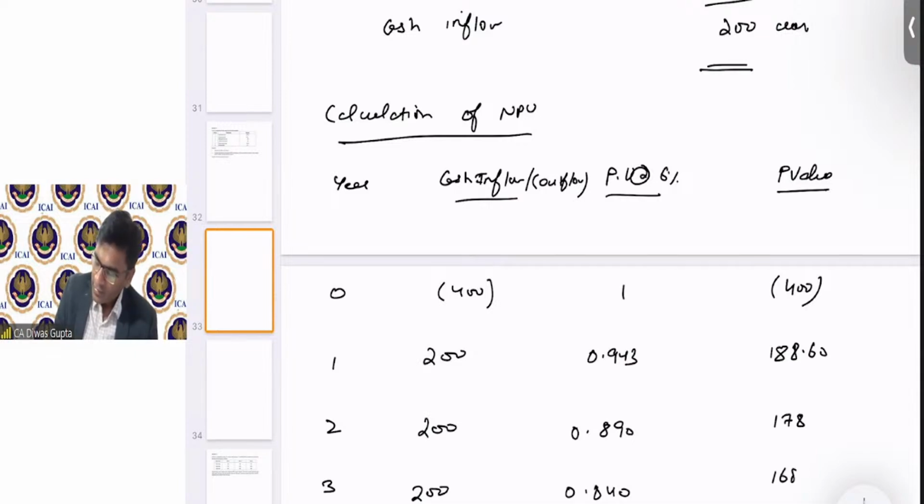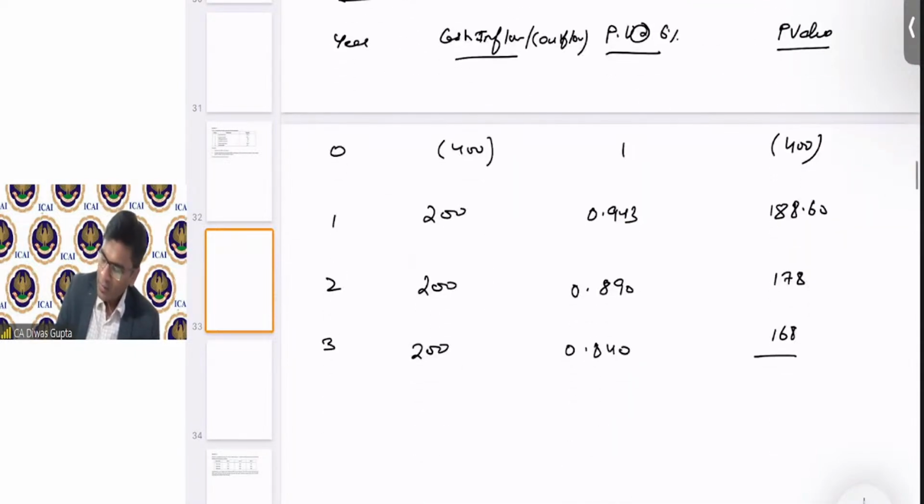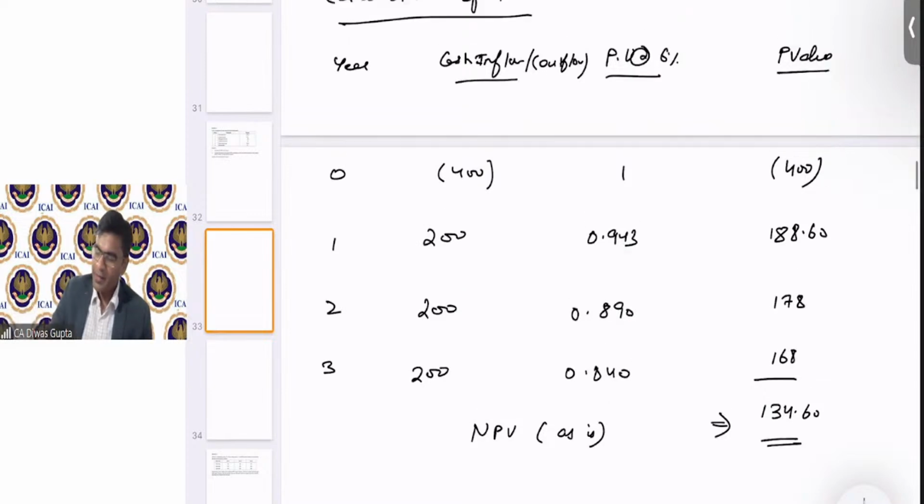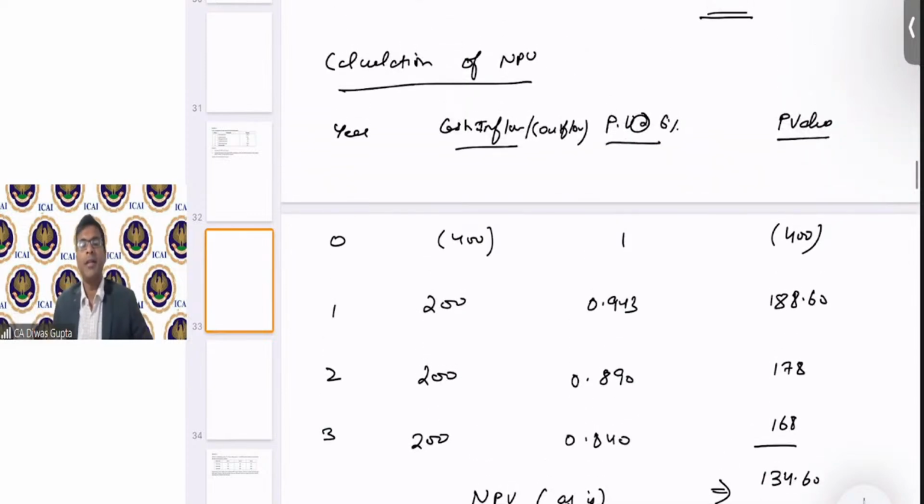Then 168. And the total becomes 134.60. So the NPV is 134.60. Okay, students? I hope this is a simple NPV calculation till now. Nothing to do with sensitivity, nothing to do with any of the changes, right?